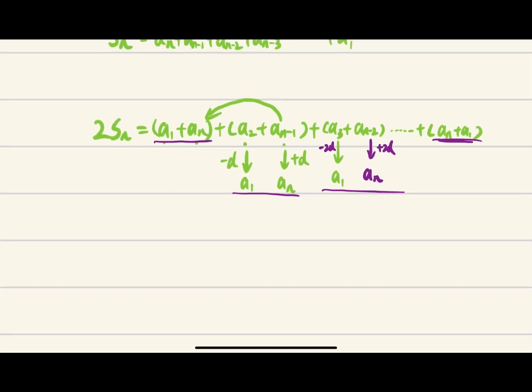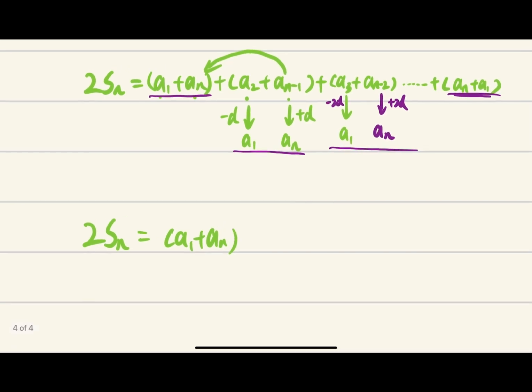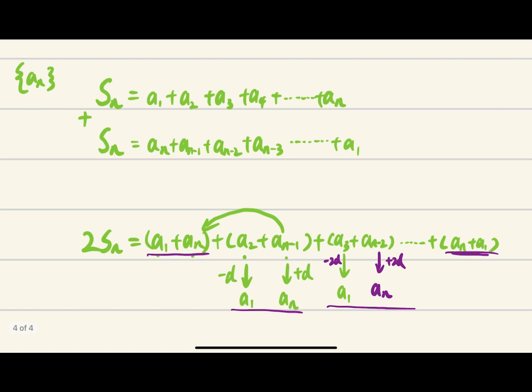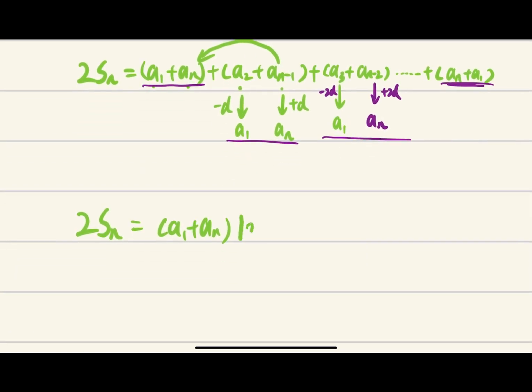So what will this become? 2S_n equals a lot of (a_1 + a_n). How many of (a_1 + a_n) are we getting here? We're getting 100 of them, so times 100 here.